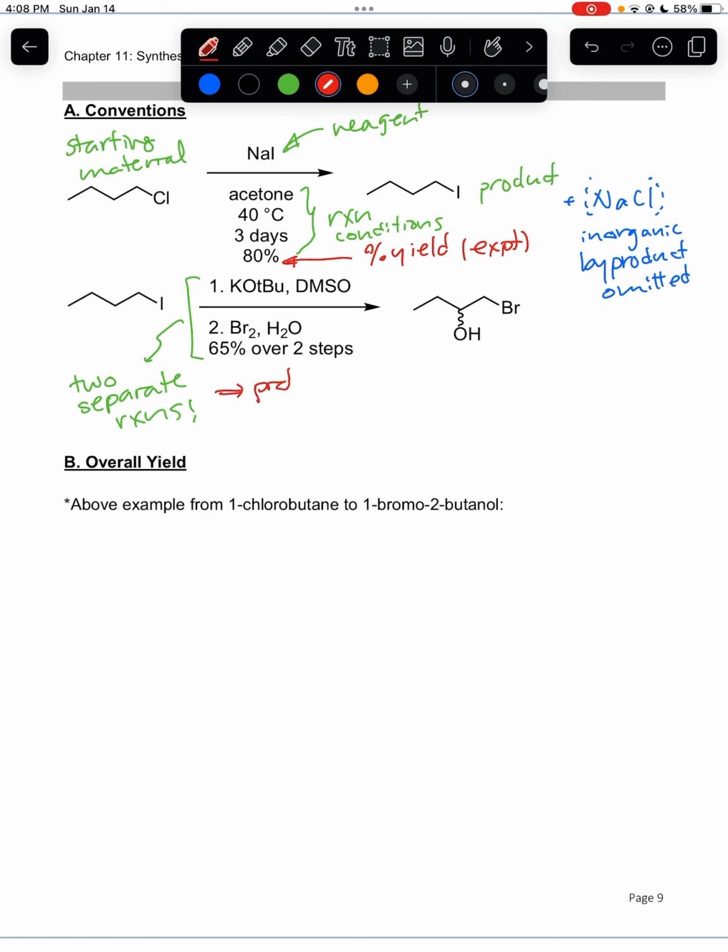In other words, the product of the first reaction is often isolated. And the understanding is there's no carryover of the reagents to the second step.